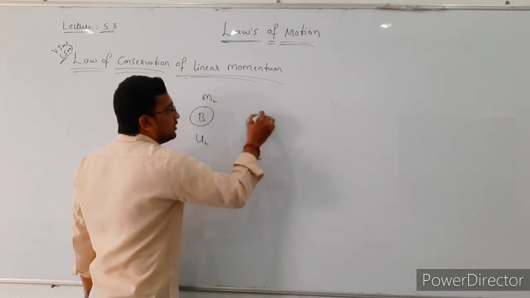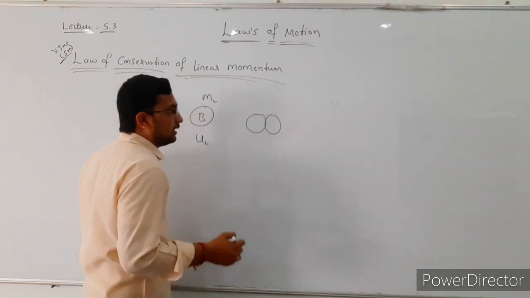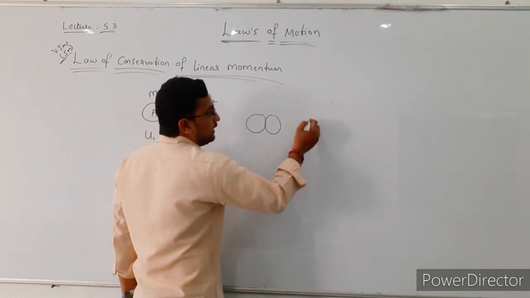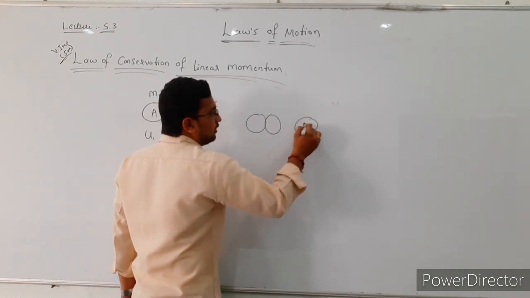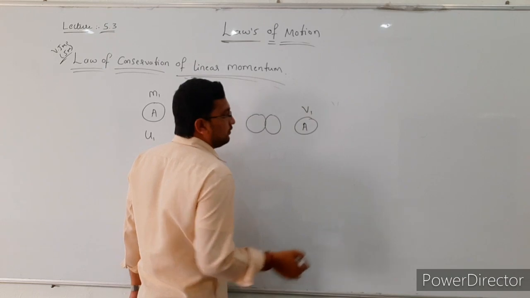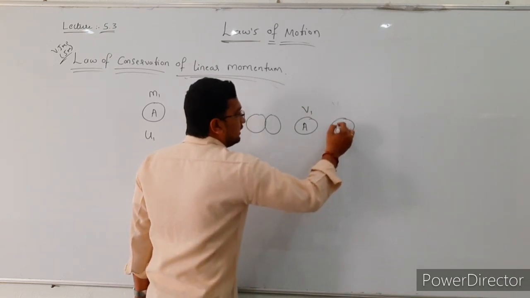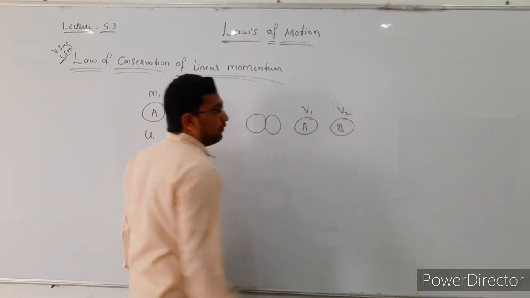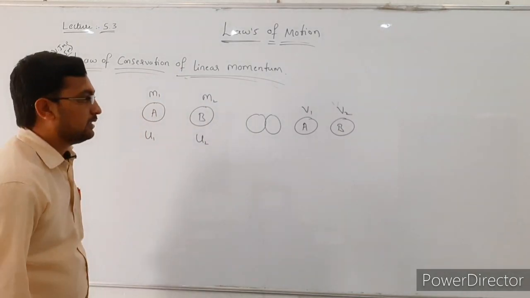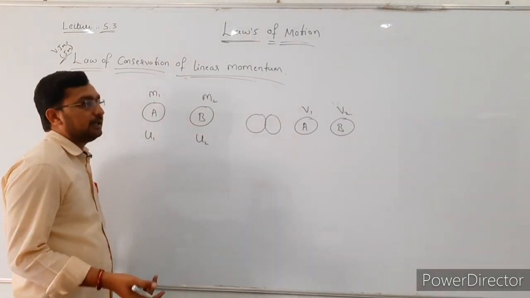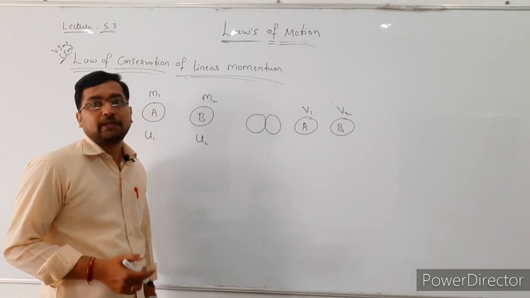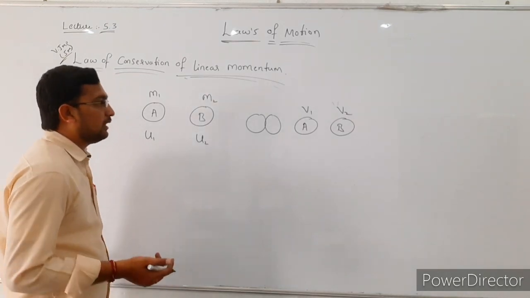After collision, the velocity of both bodies changes. For the first body, the velocity changes to v1, and for the second body, the velocity changes to v2, in a short interval of time, that is delta t.